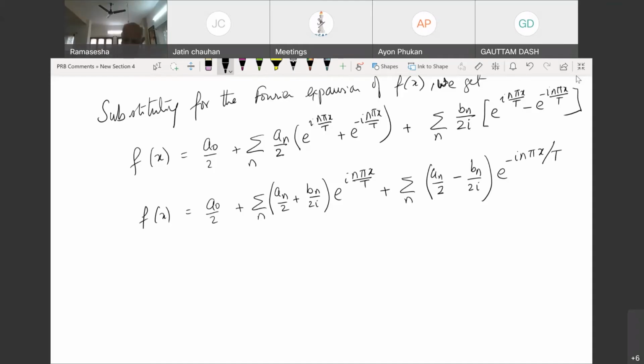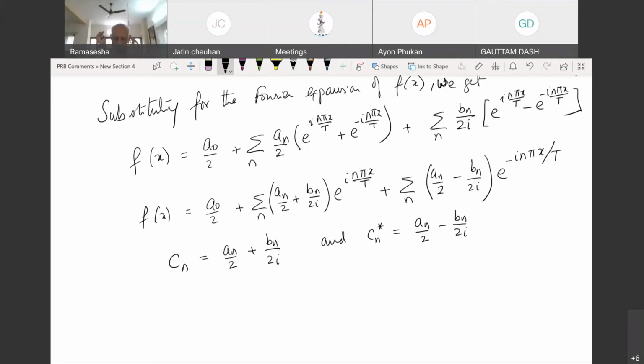So I call C n as equal to a n by 2 plus b n by 2i, and C n star as equal to a n by 2 minus b n by 2i. It's just simple algebra, okay?